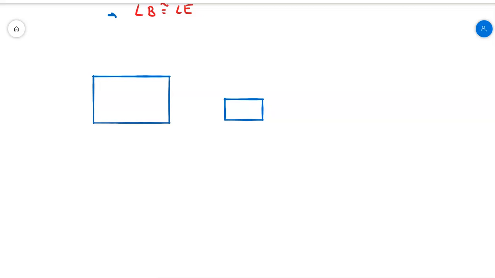Maybe each of the sides of the smaller rectangle are a quarter of the size of the larger rectangle. So if this side is 1 and that side is 3, then this side is 4 and that side is 12. And even though the sides are proportional, the angles are still congruent. Right? Because it's a rectangle, all the angles have a measure of 90 degrees.